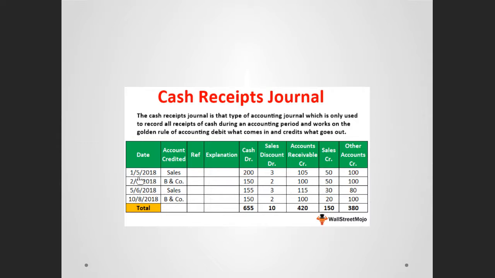It will say the detail, the date, why, from where it came, how much, right? If there was a discount, if there was an accounts receivable that was related to that, right? So everything that is related to the money coming in is recorded in the cash receipts journal.